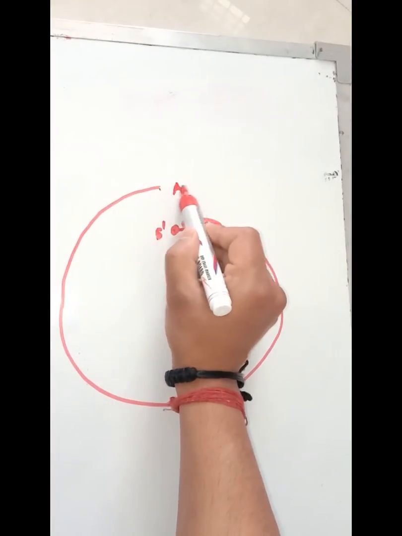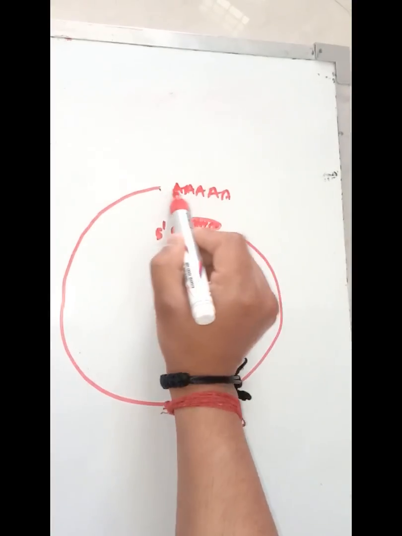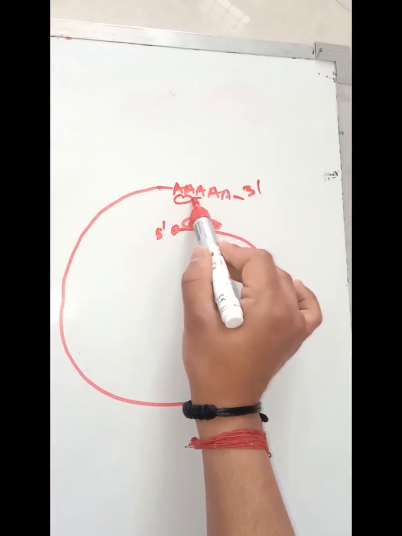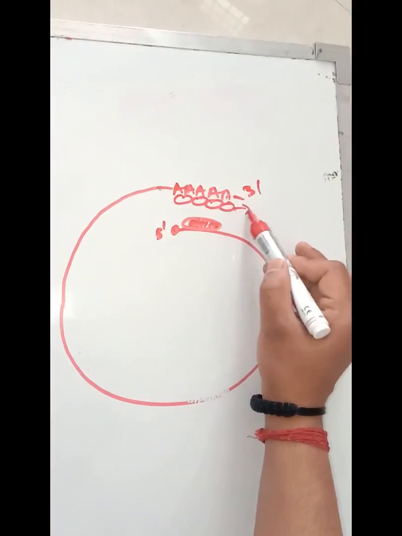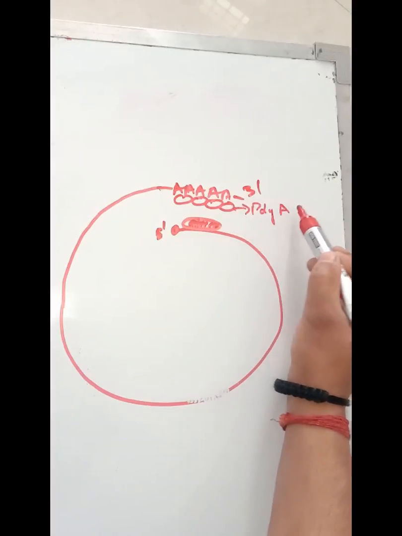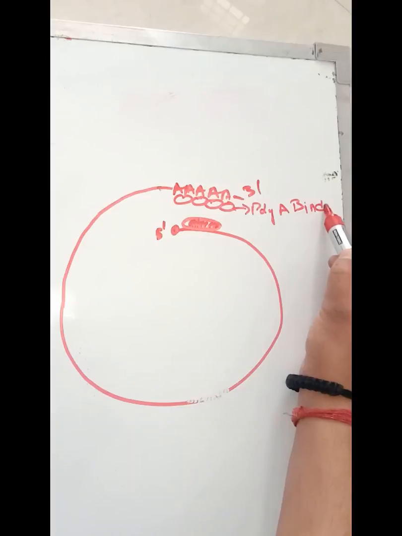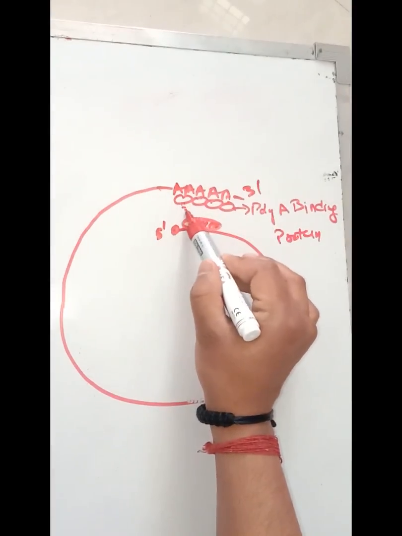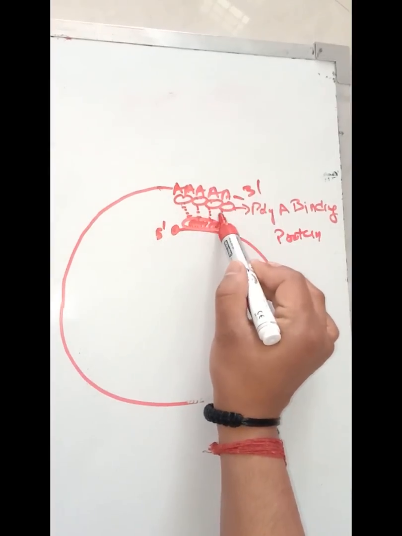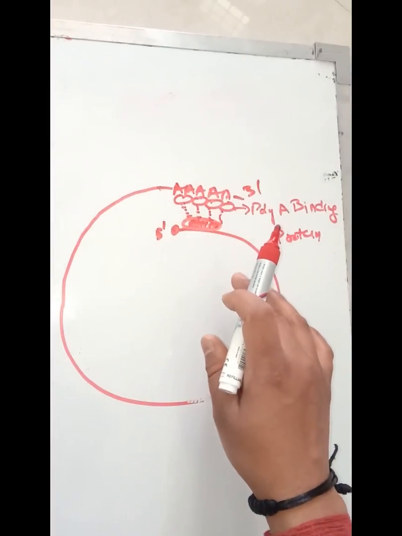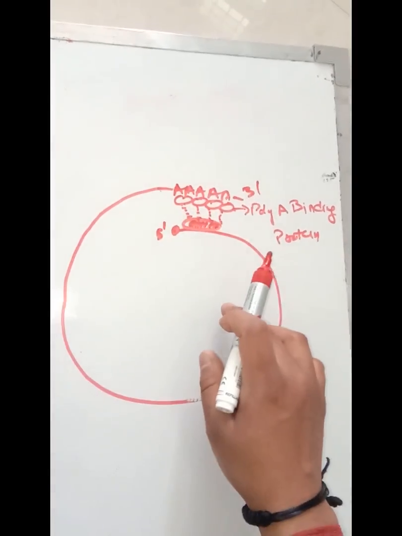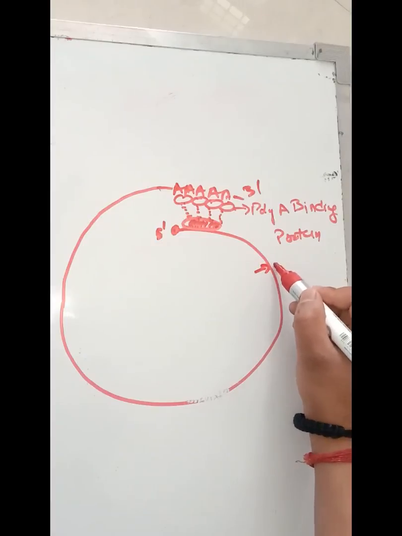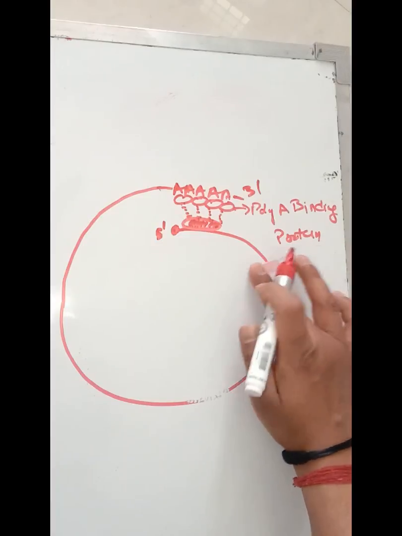So here is the poly adenine 3' end. Now here is the poly A binding protein. Through these proteins, the EIF4F circularizes the mRNA, and here suppose a start codon, AUG, write it like this.